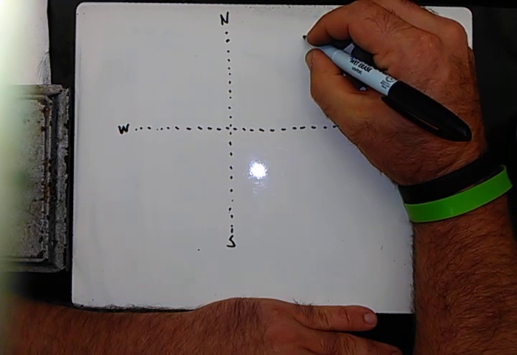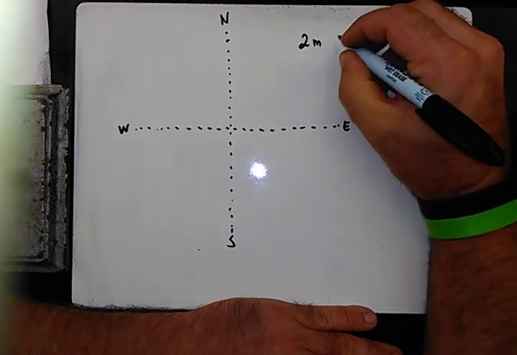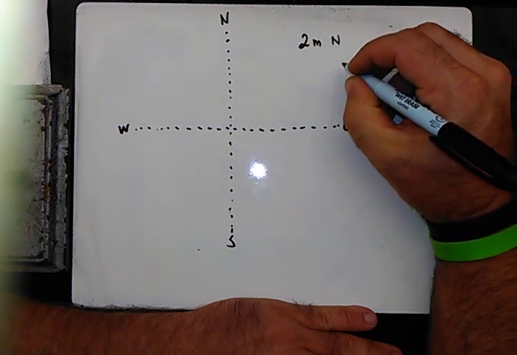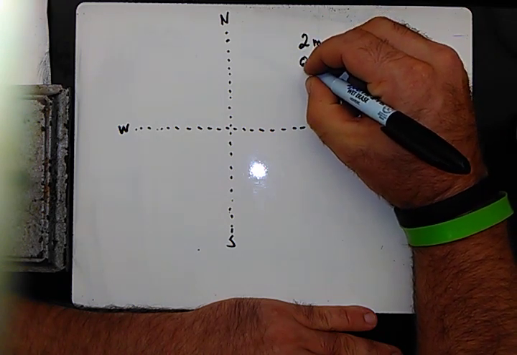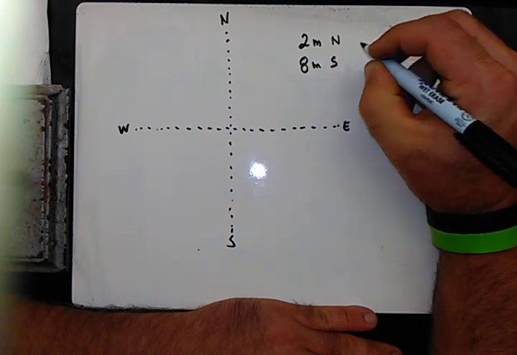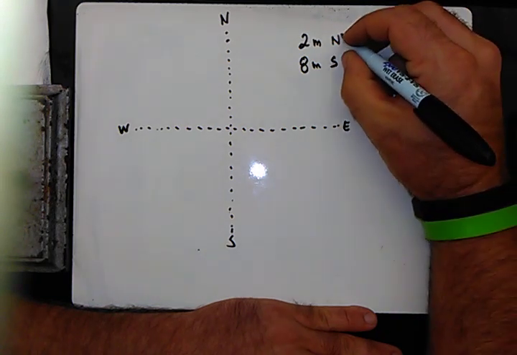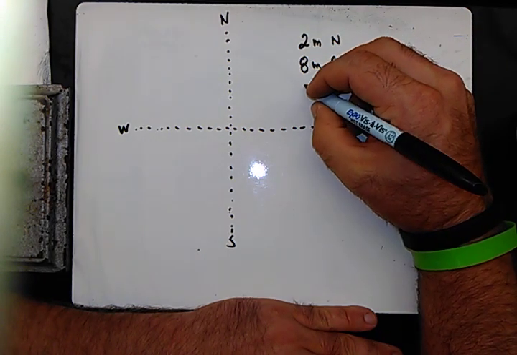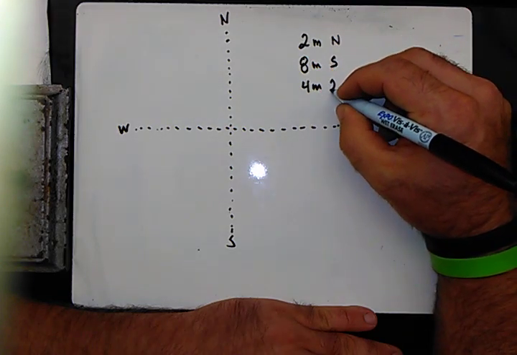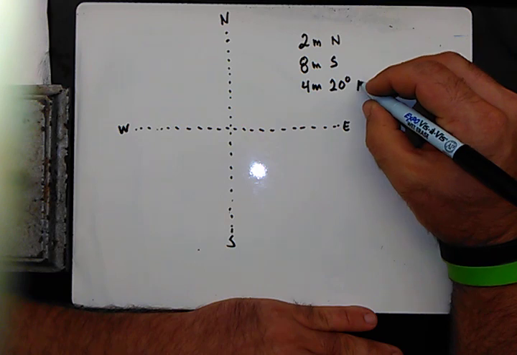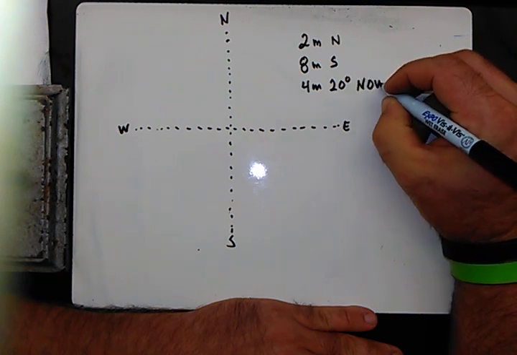Let's say we had 2 meters north, and then we had 8 meters south. That's one vector. That's another vector. Let's say we had 4 meters 20 degrees north of west.